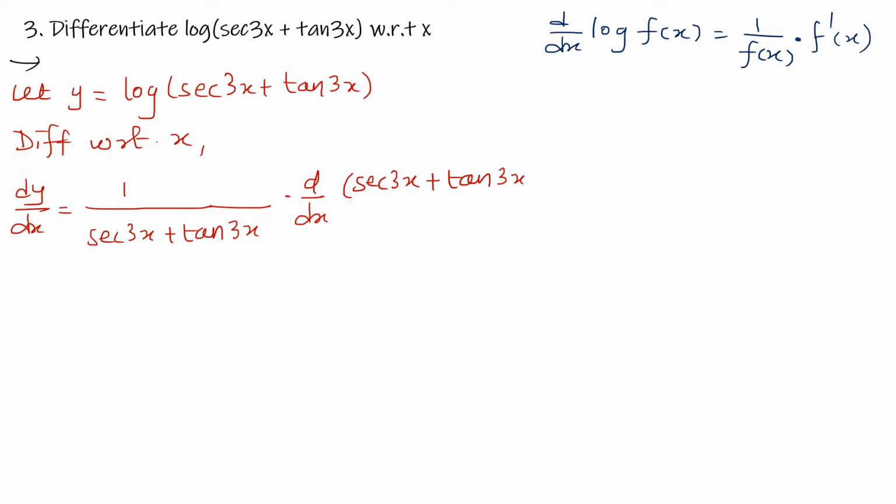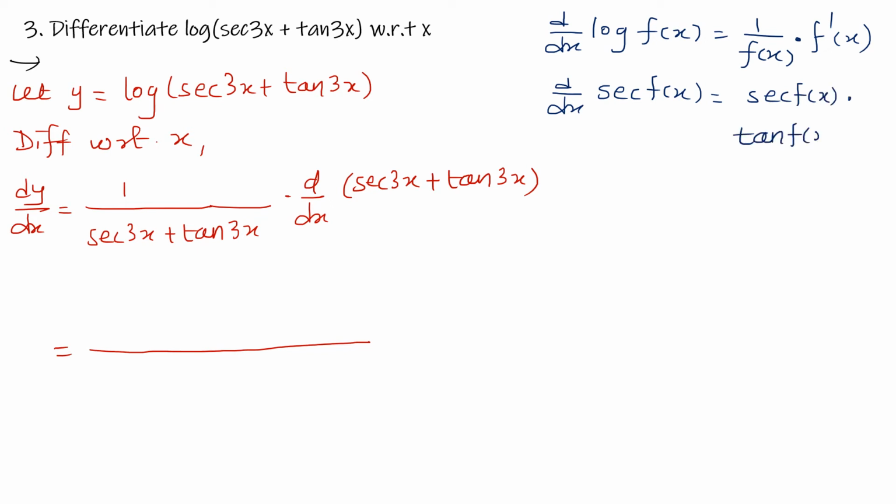Now in the next step I have to write the derivative of sec 3x plus tan 3x in the numerator. And for that purpose, look at this one. See, the derivative of sec f(x) is sec f(x) into tan f(x) into f dash of x. Basically, the derivative of sec x is sec x into tan x.